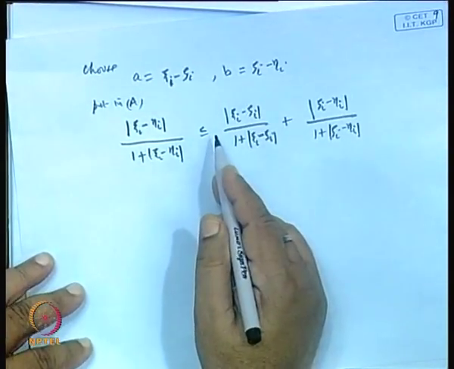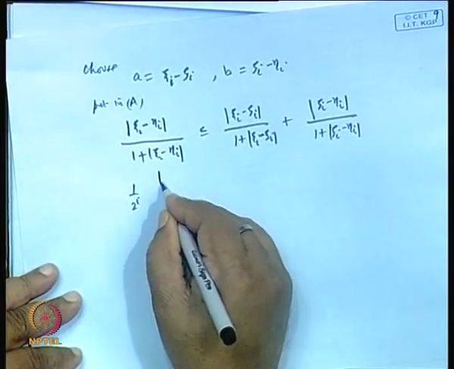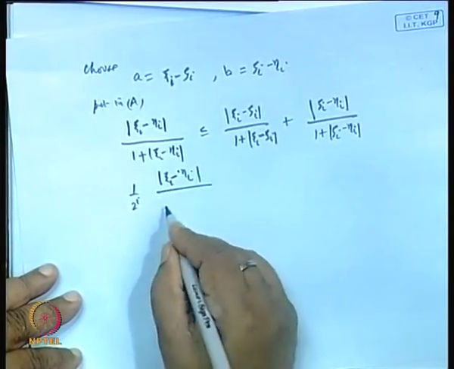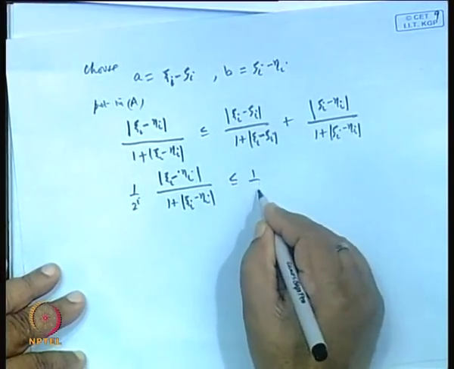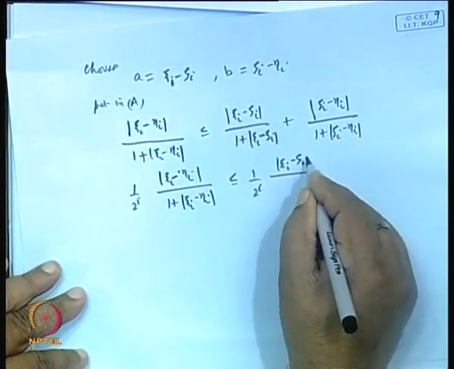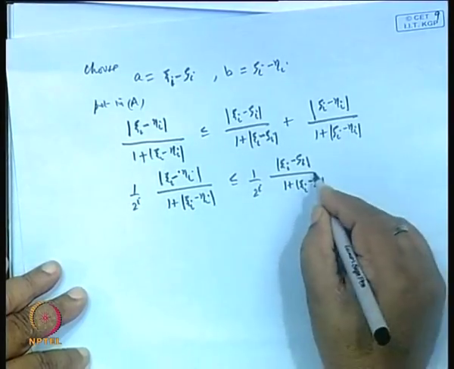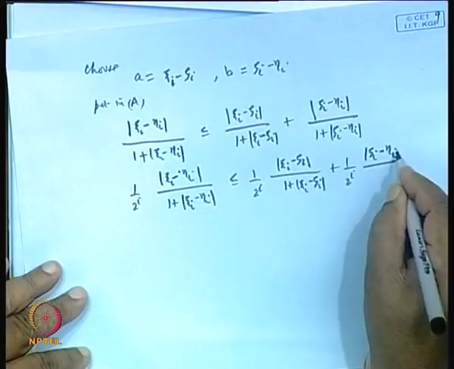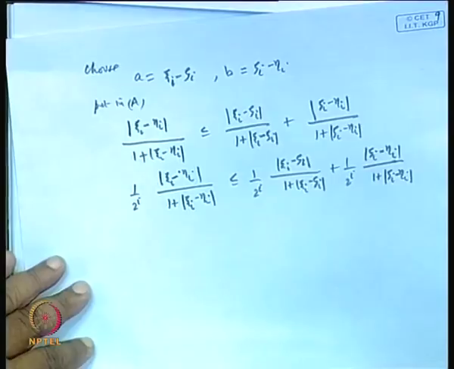So, multiply by 1 upon 2 to the I and take the sum. So, we get 1 by 2 to the I mod of xi minus eta I over 1 plus mod of xi minus eta I is less than or equal to 1 by 2 to the I mod of xi minus zeta I over 1 plus mod of xi minus zeta I plus 1 by 2 to the I mod of zeta I minus eta I over 1 plus mod of zeta I minus eta I. Okay.